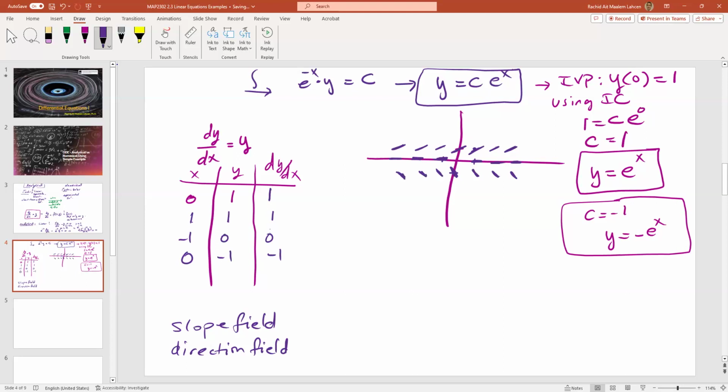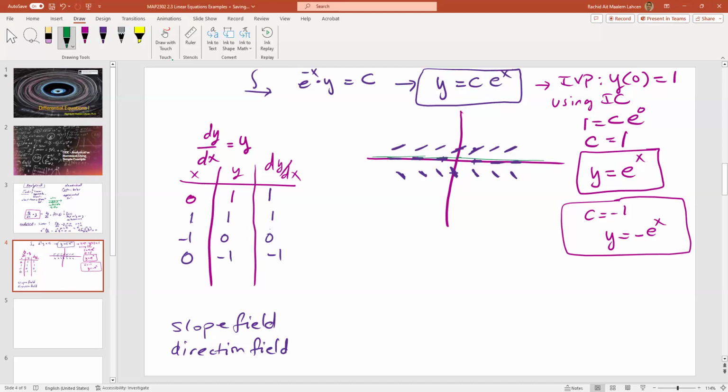All right. So here, this slope field, the more you do of it, the more it gives you how the solution will flow. So for example, if c is 0, right, then y is 0. You can see kind of here what's happening.